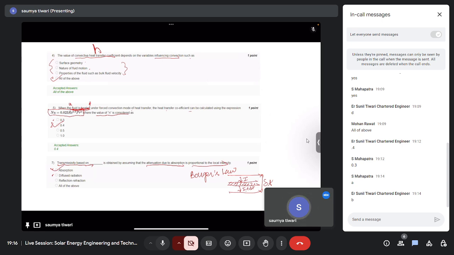The formula is based on the statement that the transmittivity based on absorption is obtained by assuming that the attenuation or change due to absorption is proportional to the local intensity. If you remember, tau alpha equals e to the power minus k delta t. This was the equation. So the correct option will be option A. I hope this is clear.